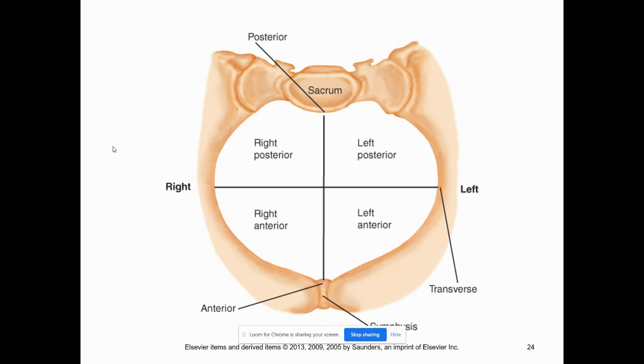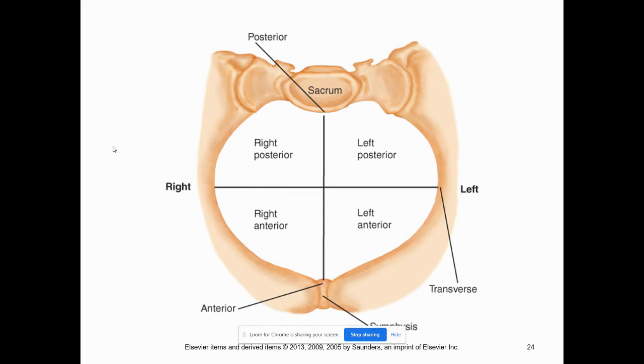If the fetal occiput is located in the left anterior quadrant, then we would describe that as left occiput anterior, LOA. As another example, if the fetal sacrum is presenting and it's in the mom's right posterior pelvis, then we would call that RSP, right sacrum posterior.